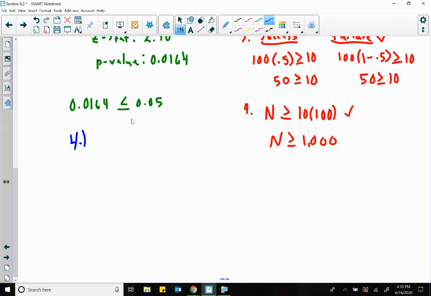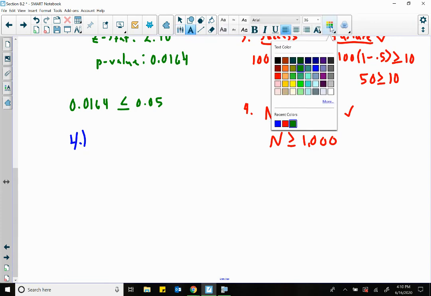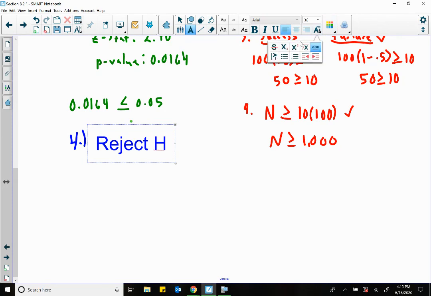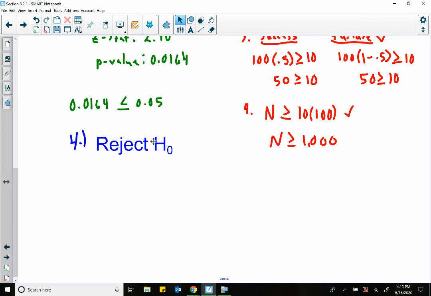And according to this, in step 4, you would reject the null hypothesis. So in this case, we would reject.